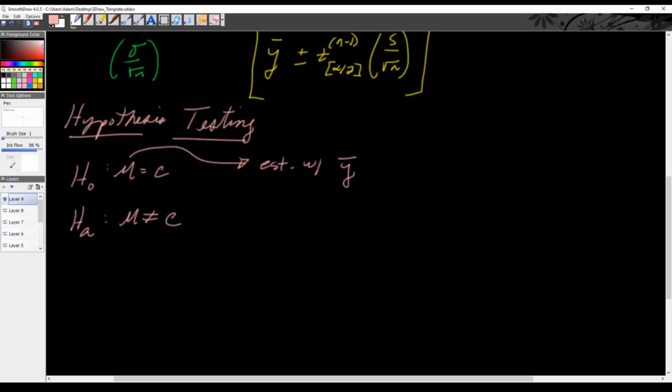So we can think of c as some temporarily assumed value for mu, and we can compare a sample statistic to this temporarily assumed value to see if we have strong sample evidence that the true value is something different than the hypothesized value, in this case c.